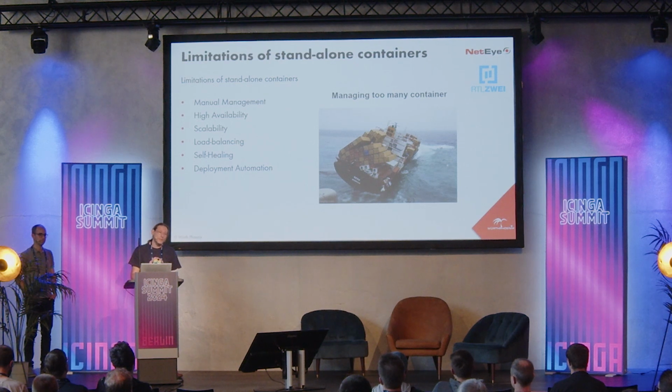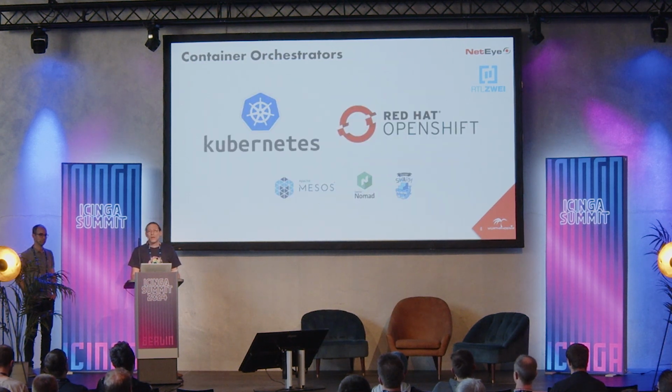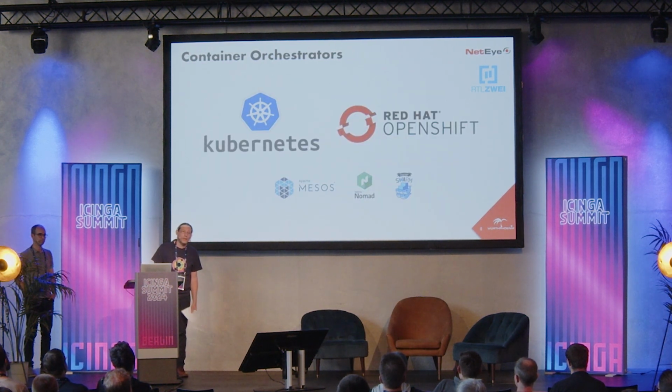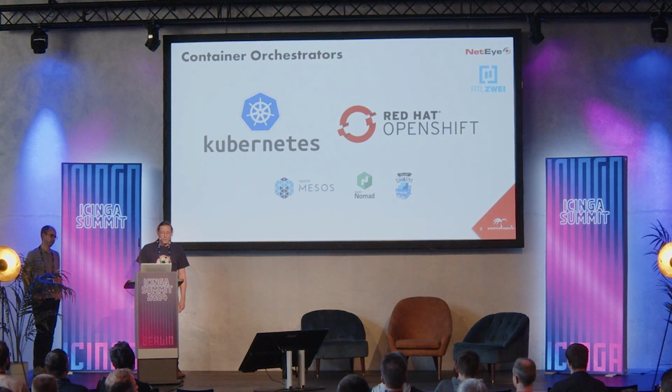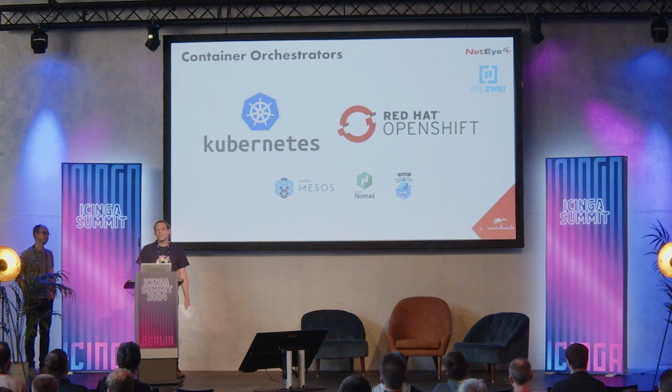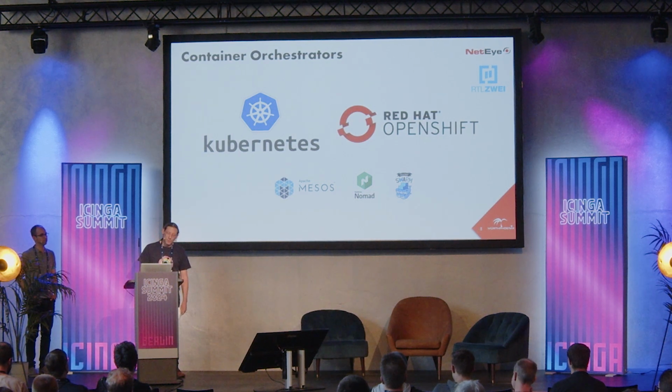We need some orchestrators. And as a matter of fact, RTL2 is an enterprise environment, so we took a look at standard Kubernetes. We had a POC on a vanilla installation. We had a little look at Nomad and even Docker Swarm. But in the end, our long-term partner Red Hat brought the solution as an enterprise solution: Red Hat OpenShift.